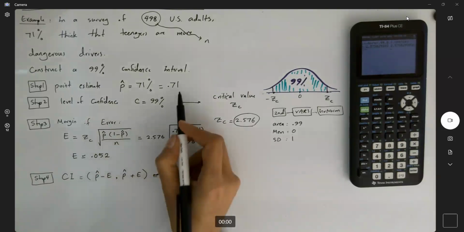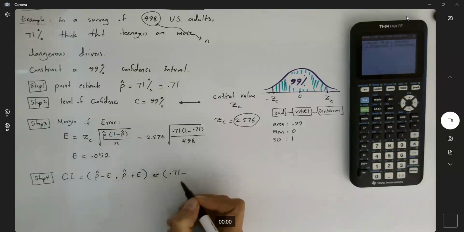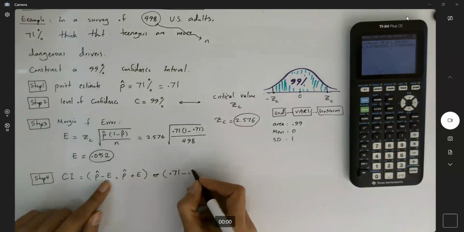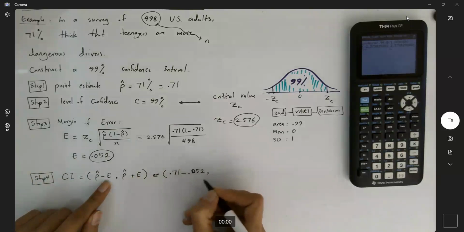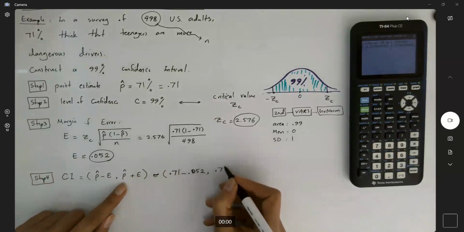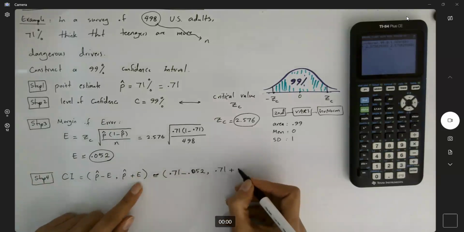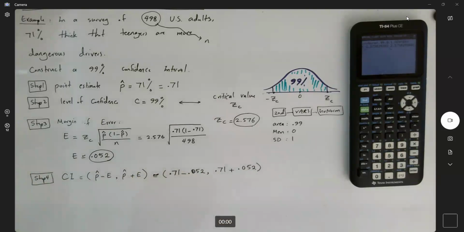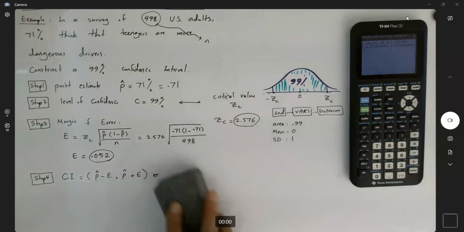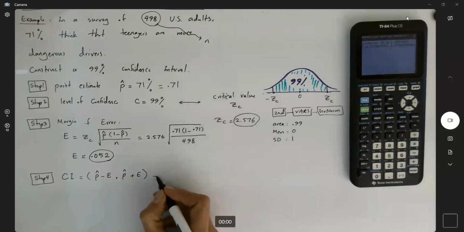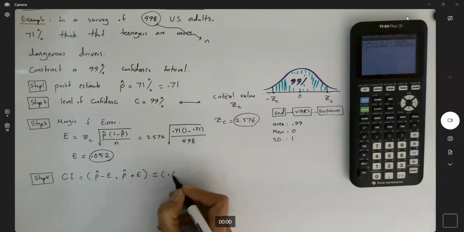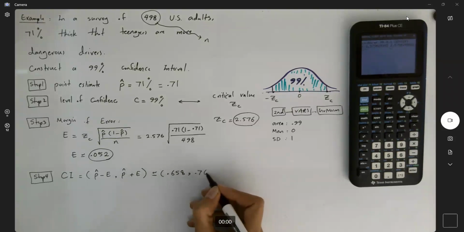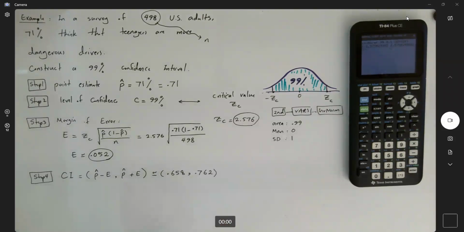P hat, 0.71, minus 0.052, comma, 0.71 plus 0.052. So the confidence interval is approximately 0.658, comma, 0.762.